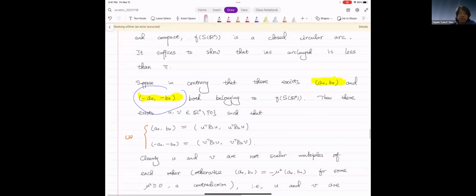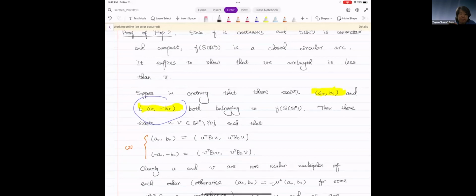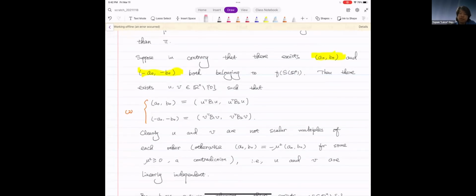Now, I assumed the look of the map. Okay, the look of the map is basically a map from the n-dimensional sphere to the 2-dimensional circle. So for those 2 points belonging to the image, I should be able to find 2 n-dimensional vectors over the n-dimensional sphere, u and v, such that the images of u and v are the 2 points on the circle.